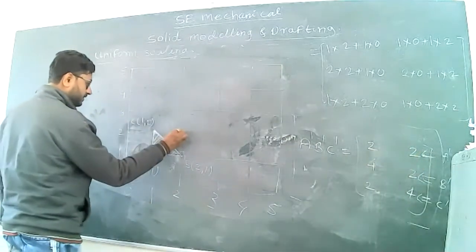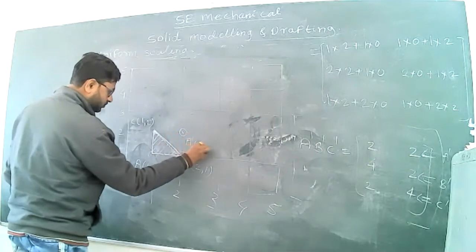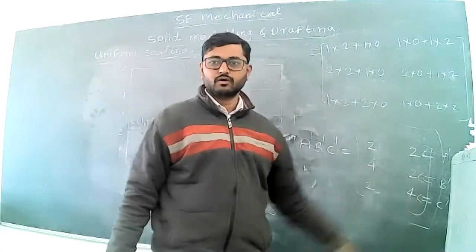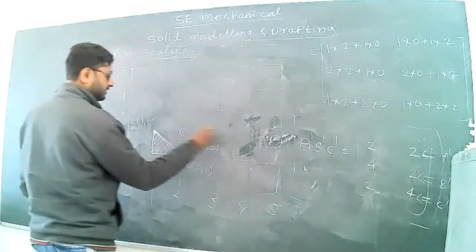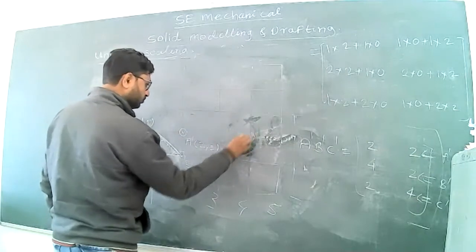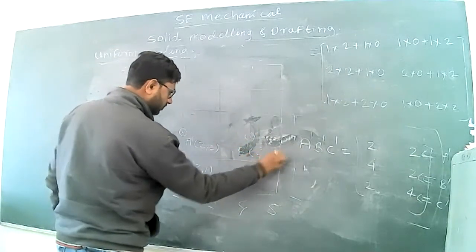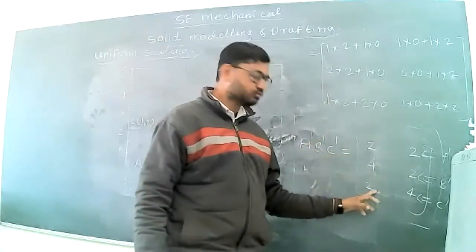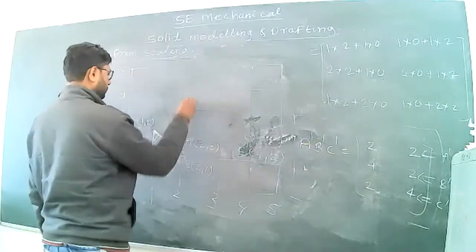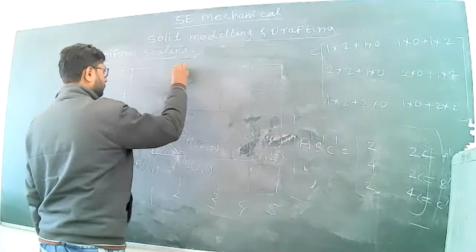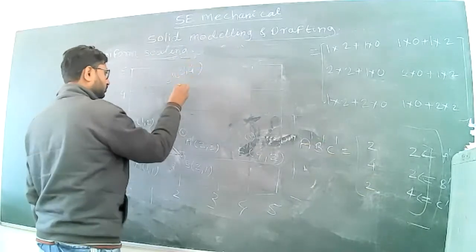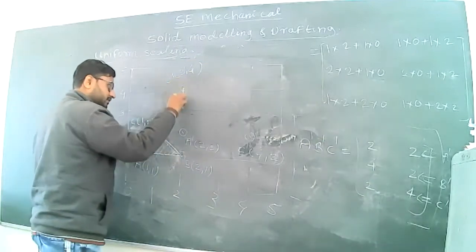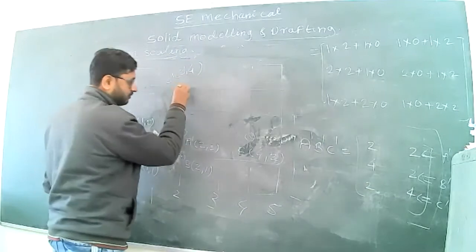B dash (4, 2): x distance is 4 and y distance is 2. C dash: x distance is 2 and y distance is 4. So you get these 3 points A dash, B dash, C dash. By joining these 3 points you get a triangle.